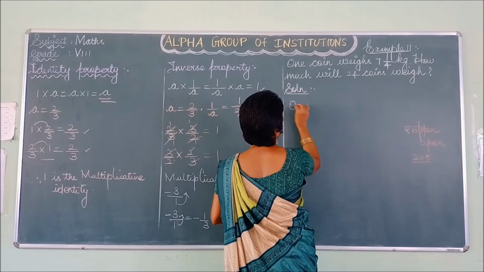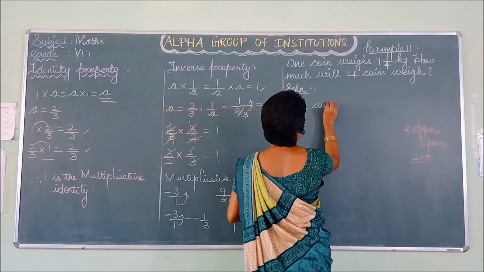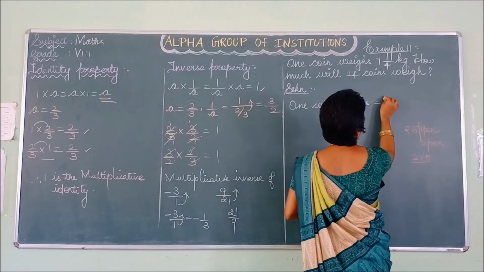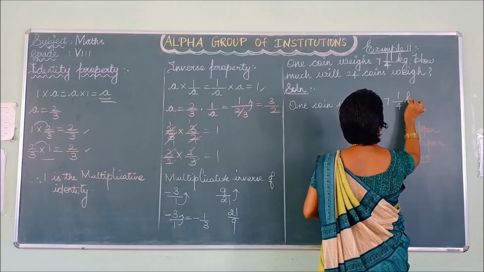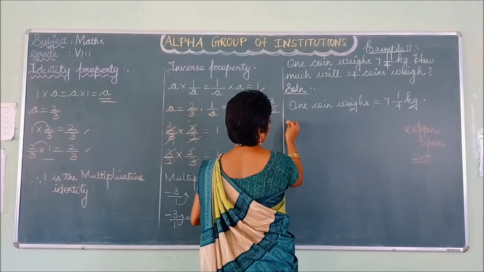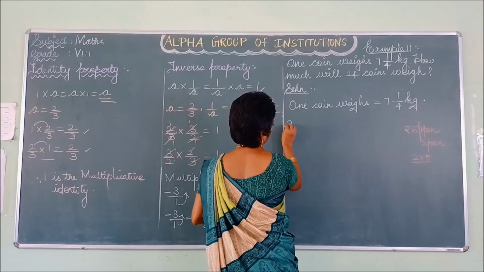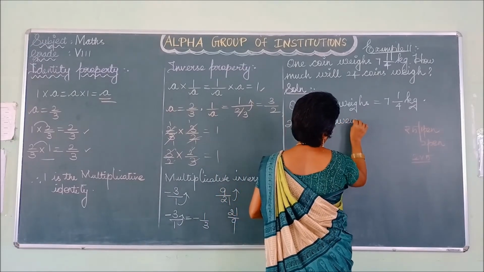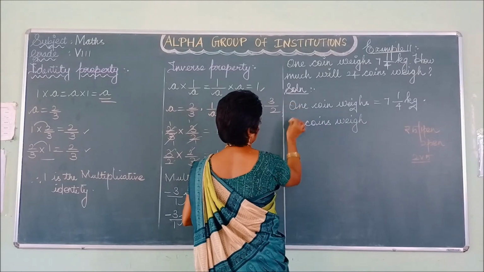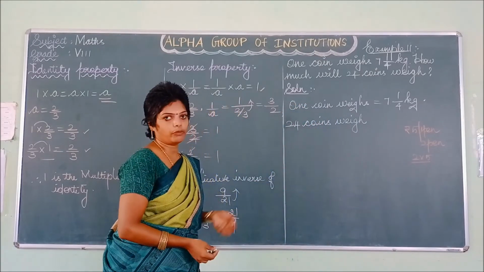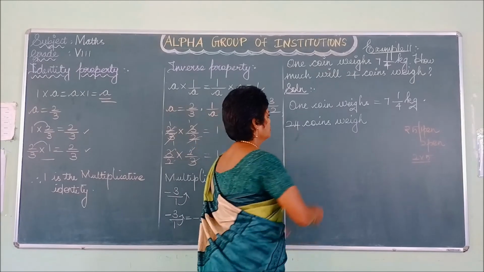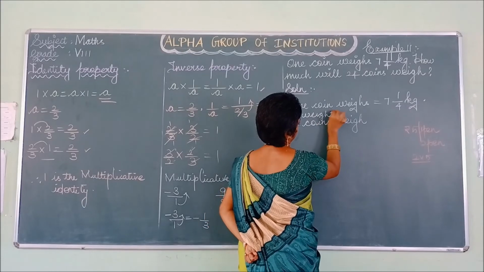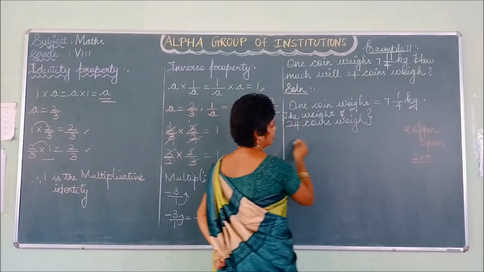Given: one coin weighs 7 1/4 kg. What is the weight of 24 coins?